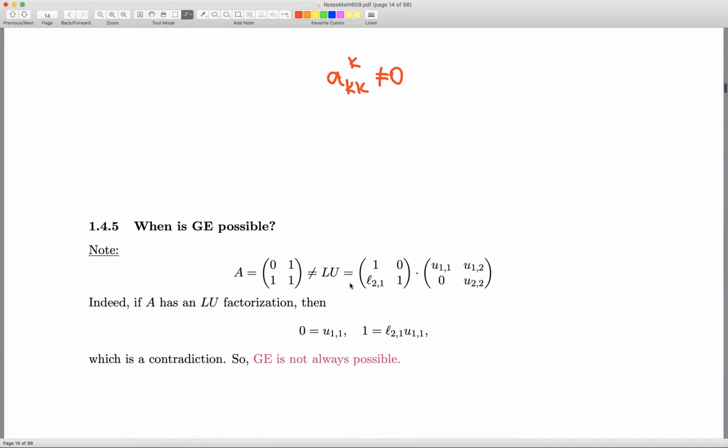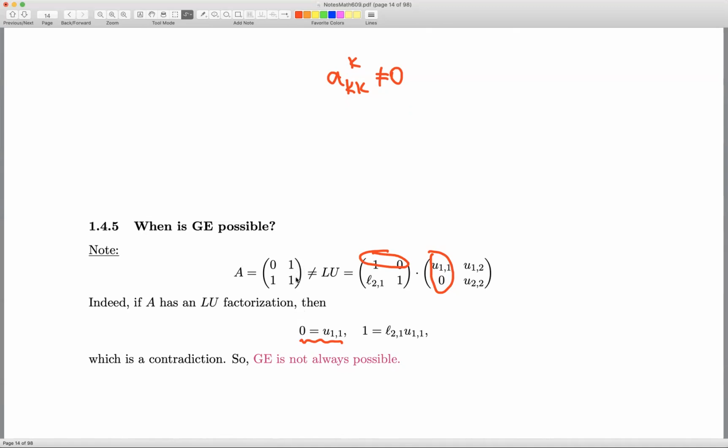Then it will be representable in this form, where L is a lower triangular matrix with ones on the main diagonal, and U is an upper triangular matrix. Since this term in position 1,1 is 0, the product of this row with this column should be equal to 0, which gives that U11 should be equal to 0.